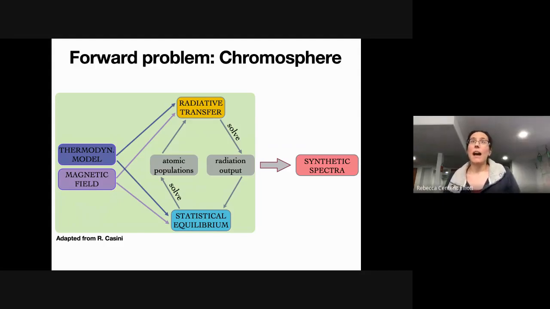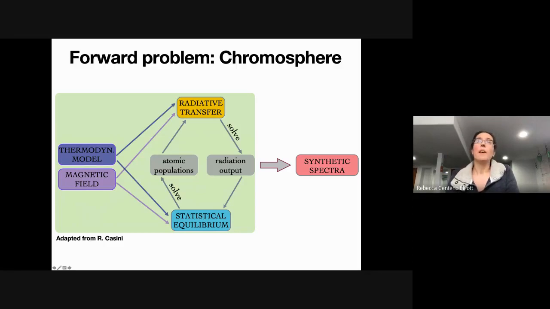And also that in many cases, the spectral line polarization will be due to a combination of scattering processes and the joint actions of the Zeeman and the Hanle effect that I introduced earlier. Now, solving the radiative transfer problem in non-LTE means the following. You need to solve simultaneously and self-consistently the radiative transfer equation and the statistical equilibrium equations.